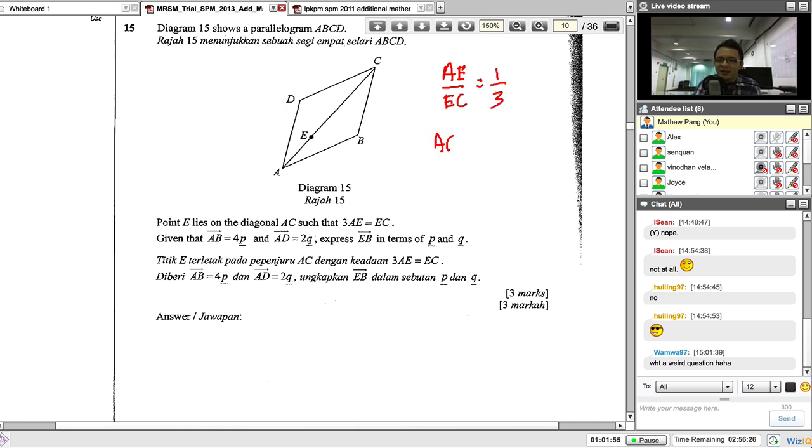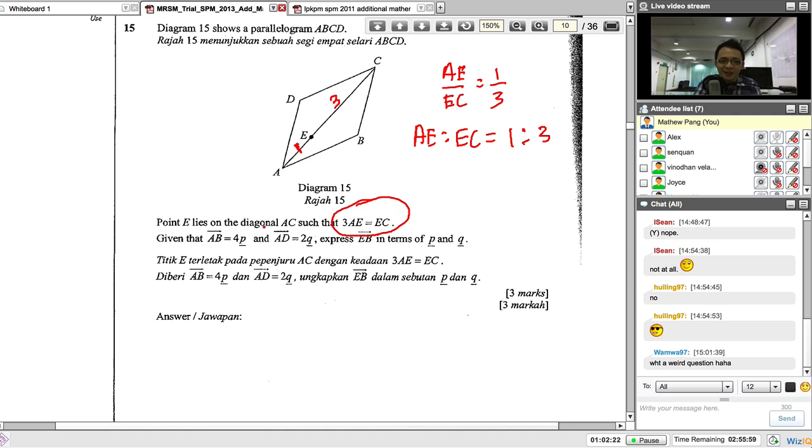So AE ratio EC equals 1 ratio 3. Most of the time I write this in ratio form rather than fraction form, because writing out the ratio is easier for me to understand. This one is 1, this one is 3.